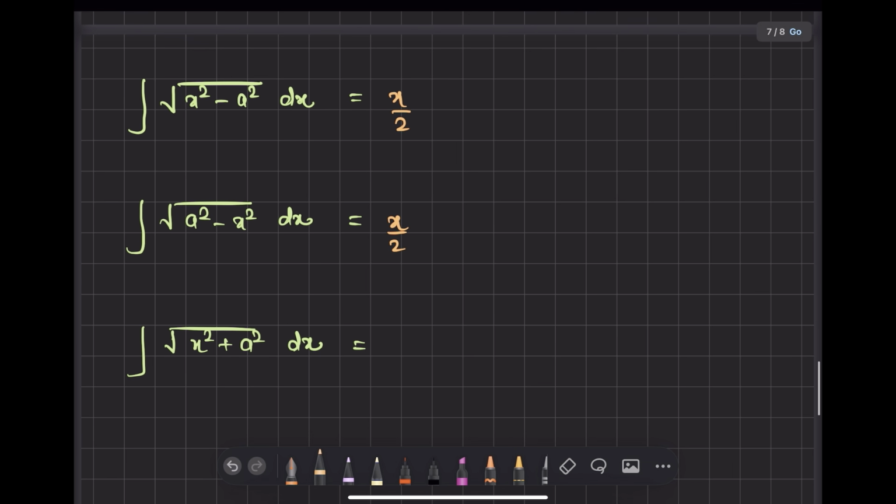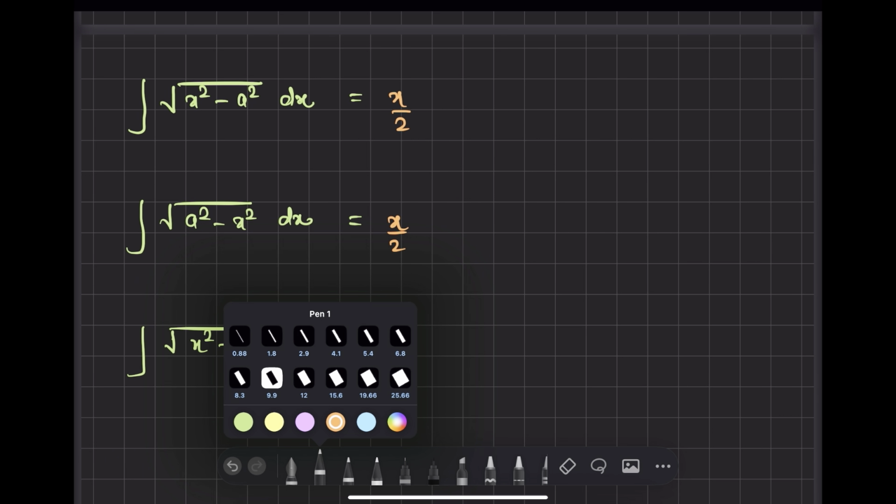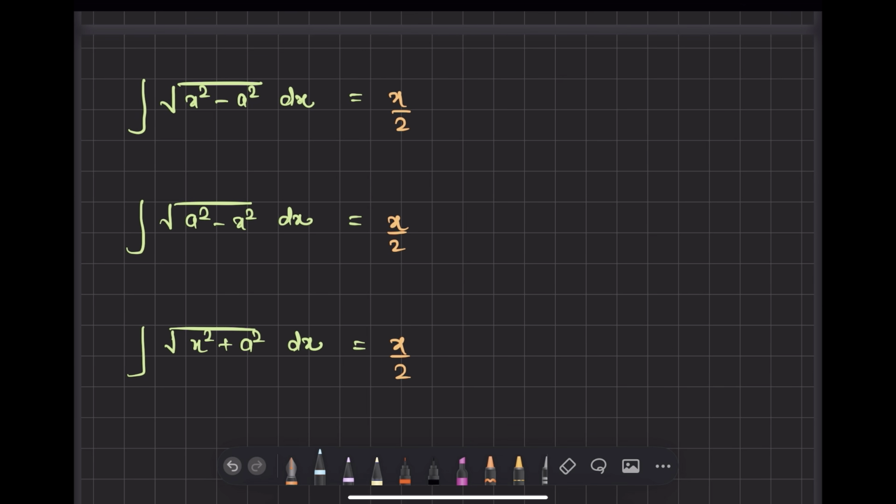So the first thing is x by 2. Next you have to write down the root: root over x square minus a square, root over a square minus x square, root over x square plus a square.